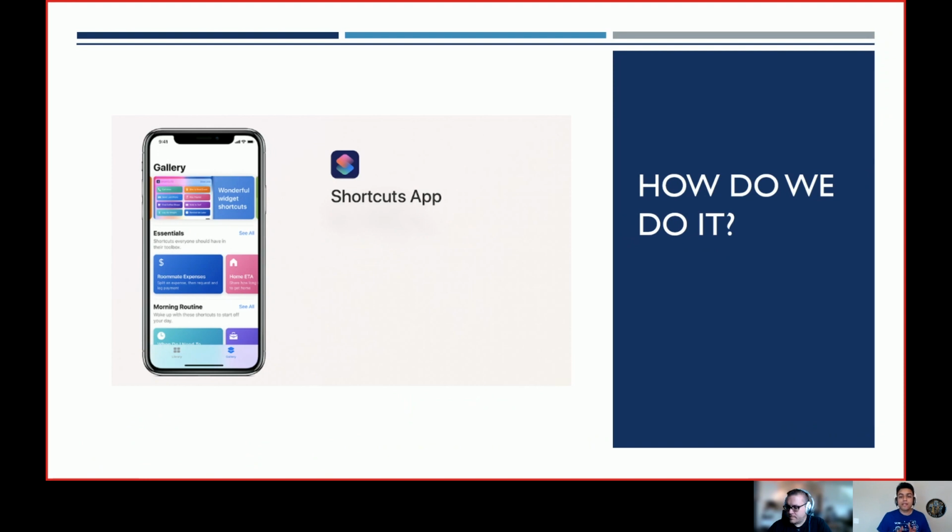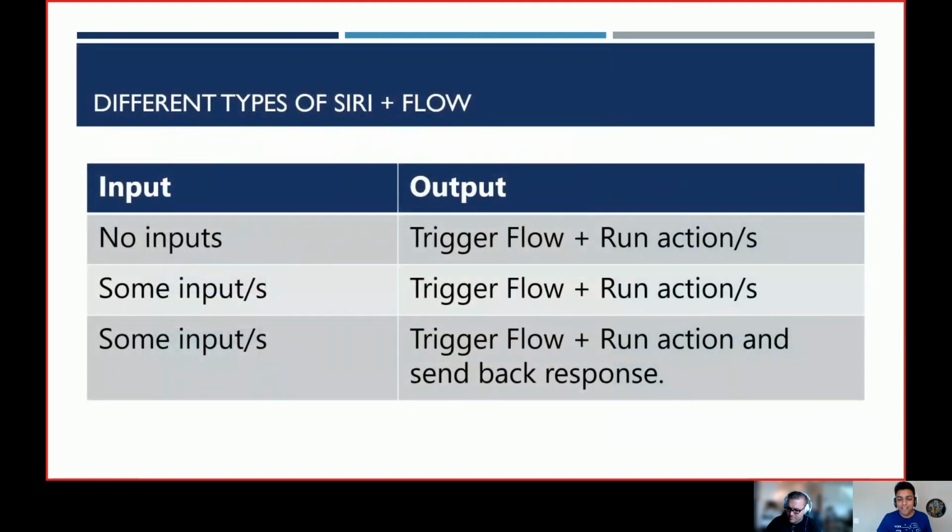It's kind of similar to Flow, but it's something that is native to iOS. What we are going to do today is make these two talk together so that we can start something from Siri, then call Flow and get things back. So it's not a competitor, I would say, but it's something more native to the device, and it makes it much easier to interact with something else. Downloading it right now.